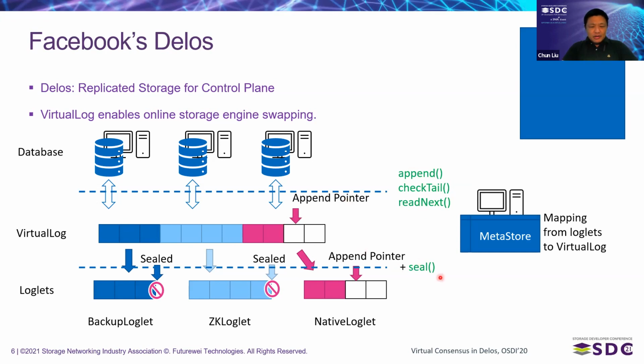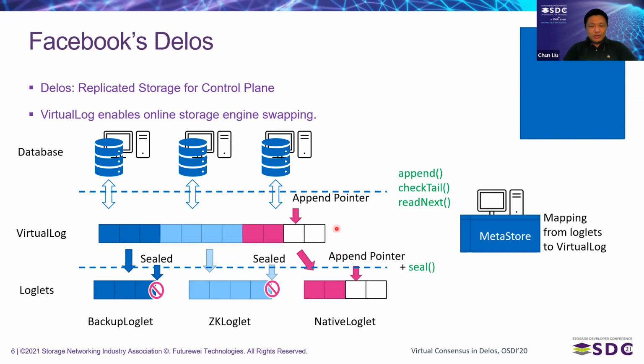Individual logs also support a seal function to make the loglet read-only. This is crucial for Delos' ability to switch storage engines. When multiple clients append to the same virtual log, if one loglet is sealed, the other clients will not be able to append.